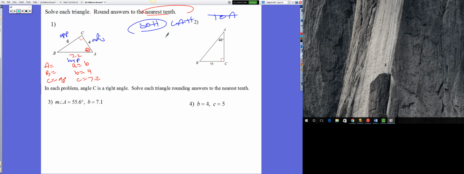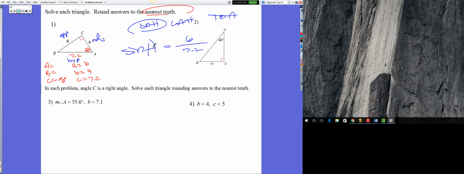So if I go for sine, you got to tell me where you're going from. You marked it on A and you don't know what A is. So just say I'm doing sine from A, and I know the fraction is O on top, so that's 6, and H on bottom, that's hypotenuse, 7.2.